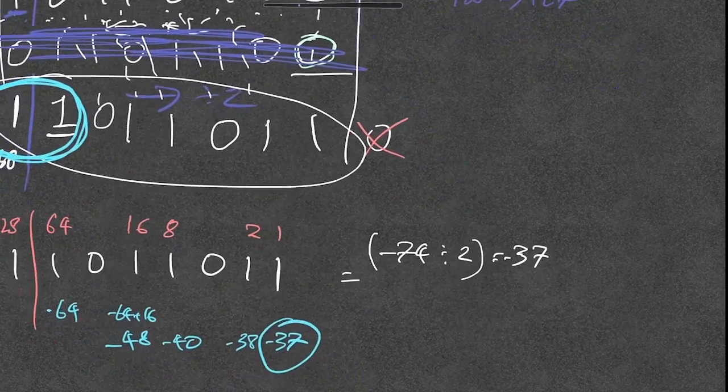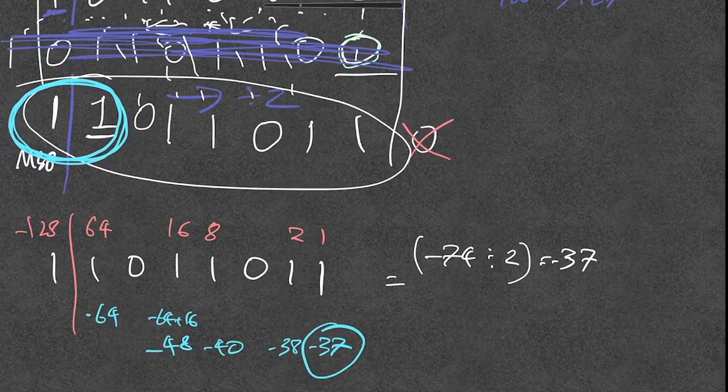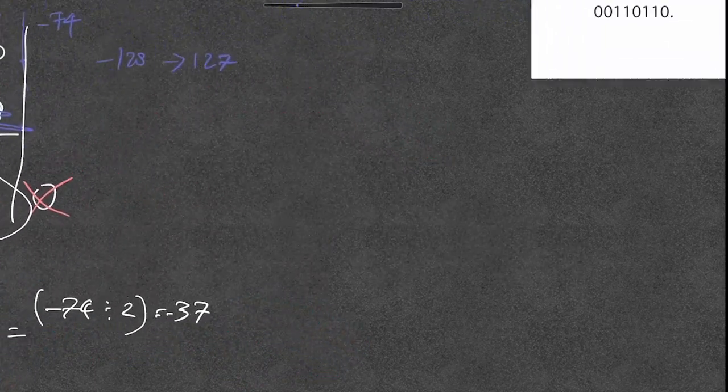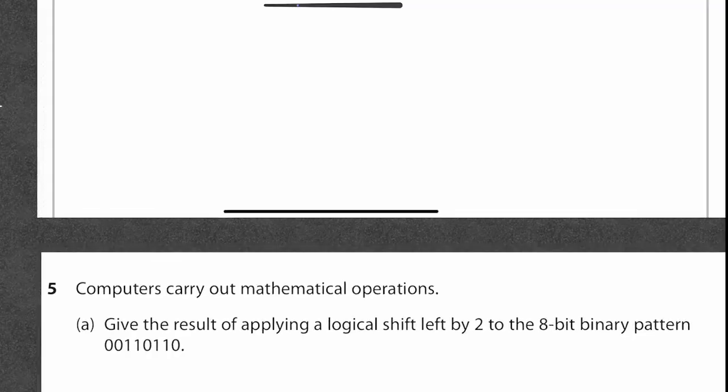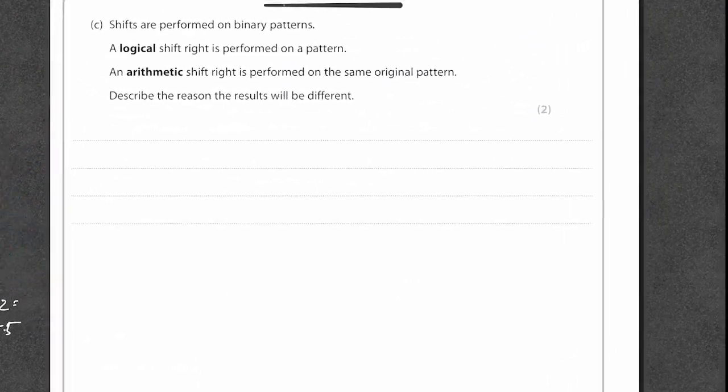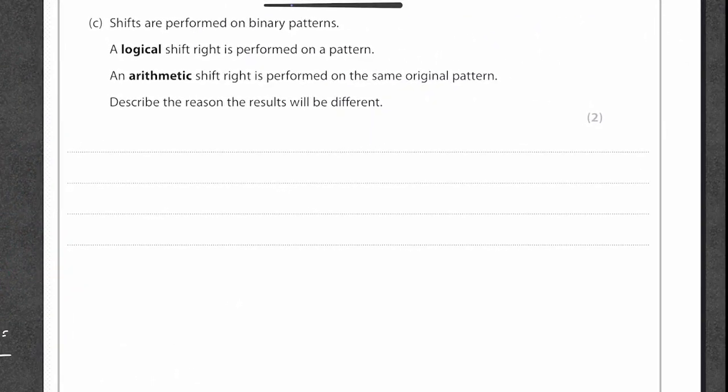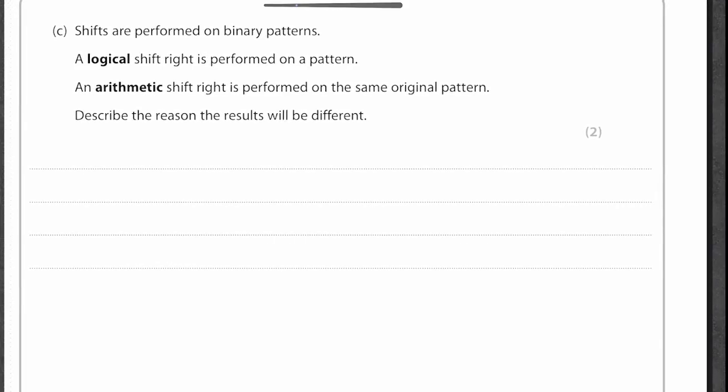Let's do another example, because I know that this is a bit of a tricky concept. In fact, let's just look at some exam questions first. Shifts are performed on binary patterns. A logical shift right is performed on a pattern. Fine. An arithmetic shift right is performed on the same original pattern.